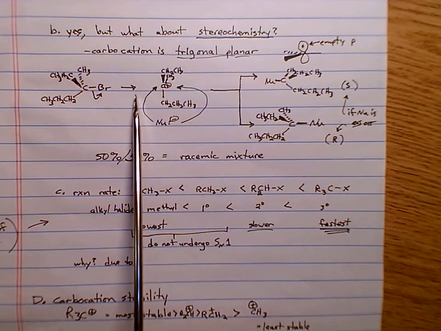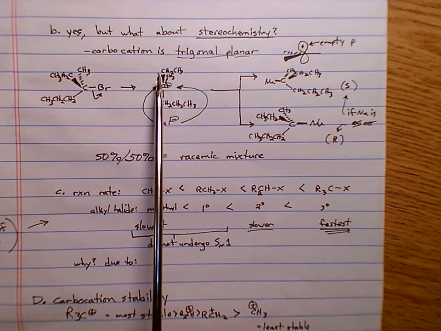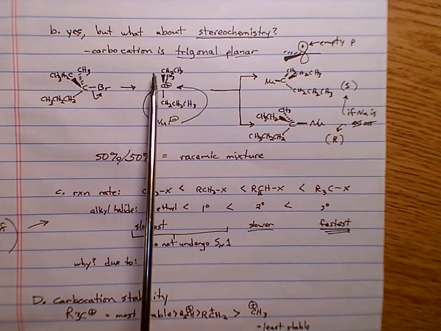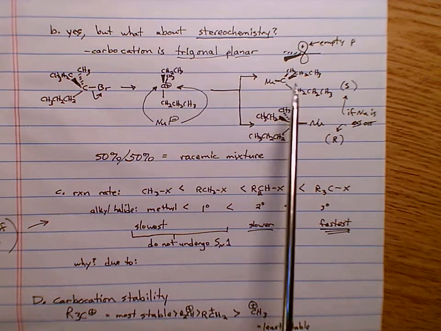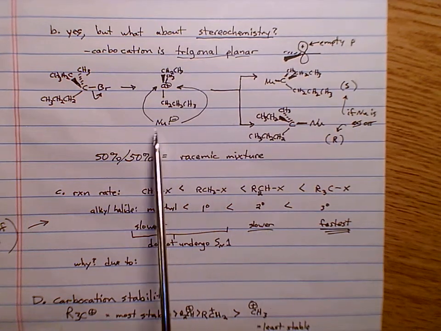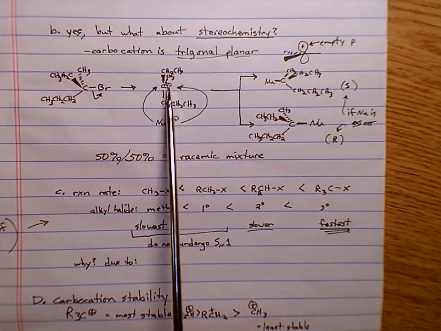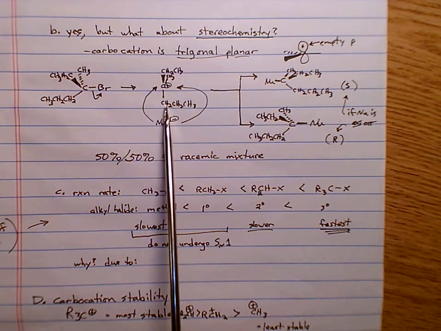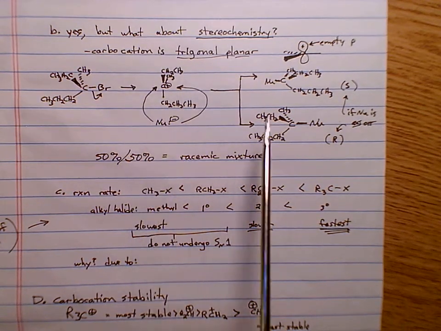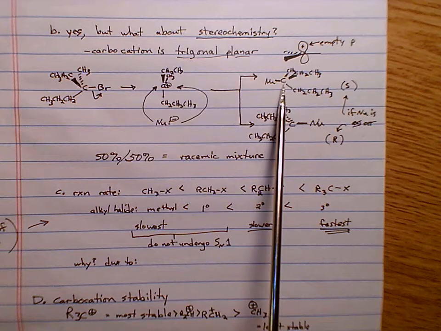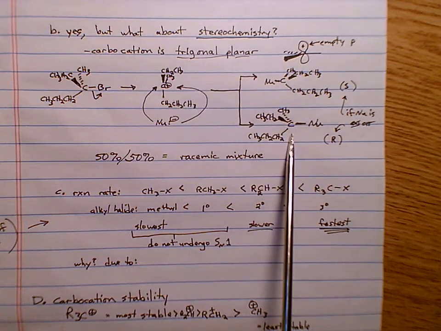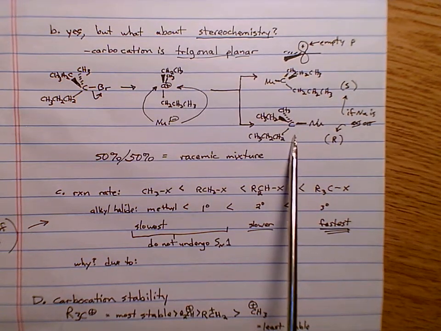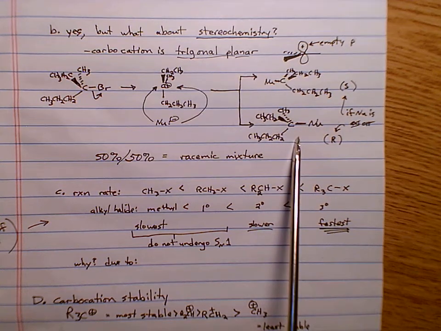Note, if the nucleophile comes in on the right side of this carbon, it's going to shift all 3 of these groups. They're going to flop towards the right to give this molecule here. If the nucleophile comes in from the opposite side, the left side, it's going to shift all these guys. They're going to flop to the left to give this guy. What's the relationship between this product and this product? They are non-superimposable mirror images of each other.